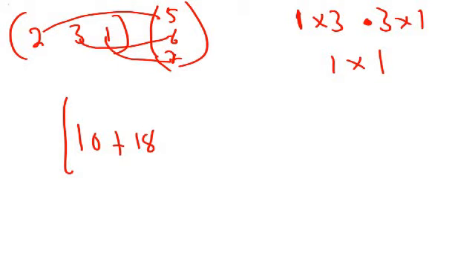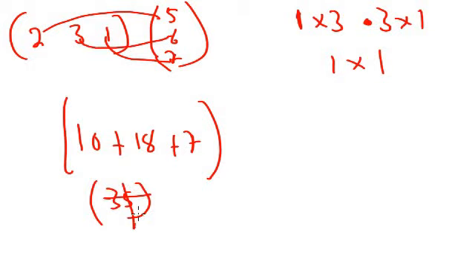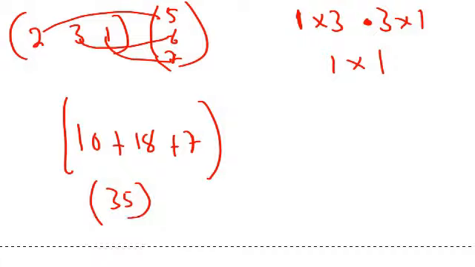And 1 times 7 is going to be plus 7. So let's add this up. That is going to be 10 plus 18, that's 28, plus 7, that's 35. So you can see it's a 1 by 1 matrix, just one column. Perfect. And that is the final answer to that question.